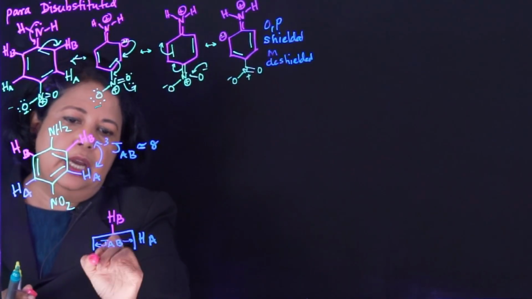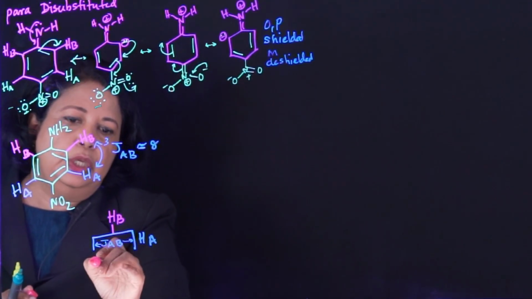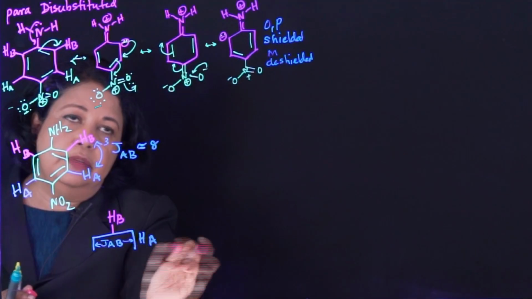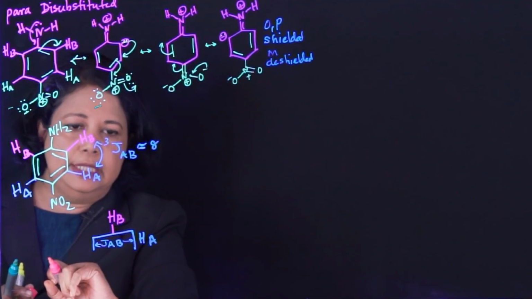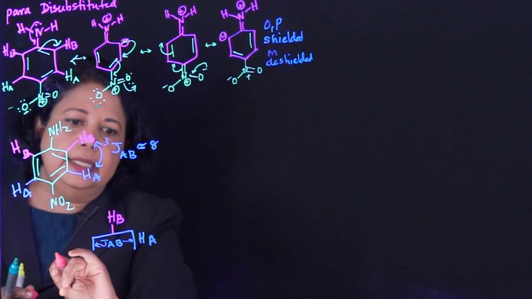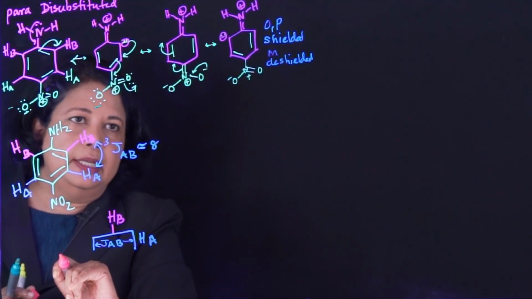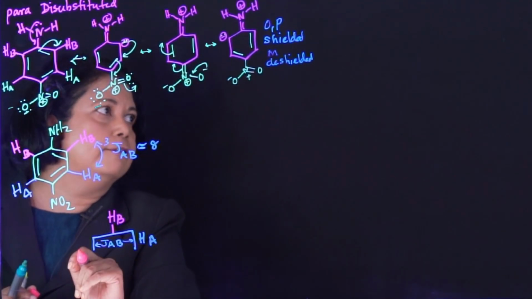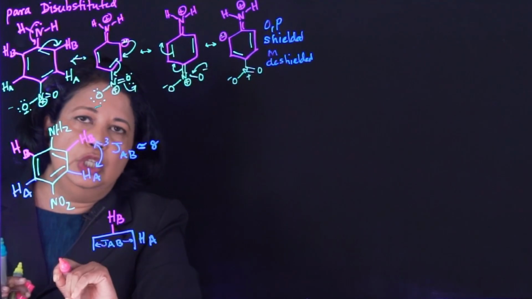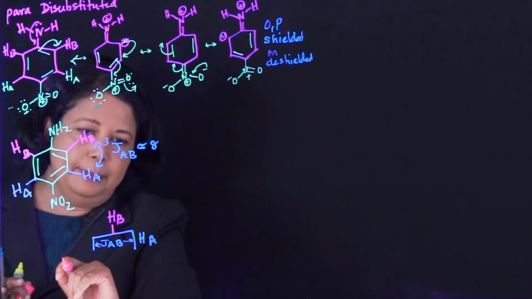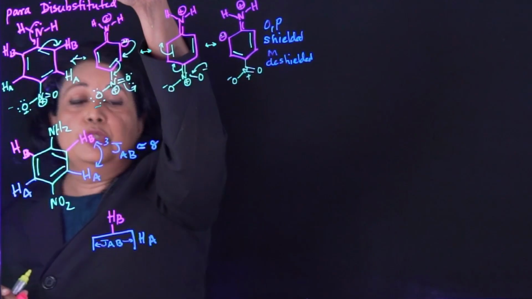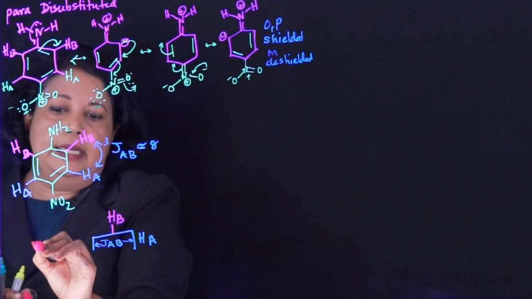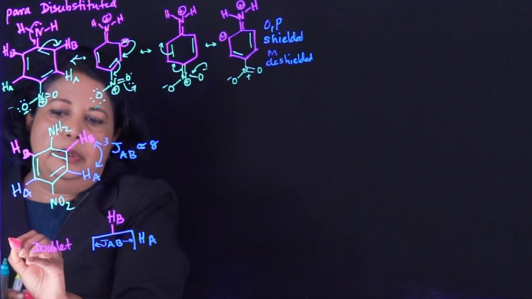So if you had a very high resolution spectra, you would see maybe a doublet of a doublet, and if they merge, you would see a triplet. But for right now, we are going to look at only coupling constants above 5. So that means we're just going to look at ortho coupling, because that's what I've drawn here. That would be a doublet in a low resolution.